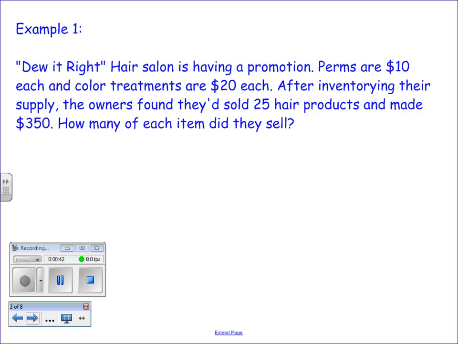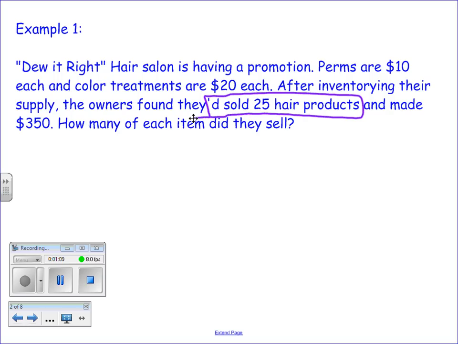We have two things going on in this problem. The first thing is how many items they sold. Well, let's look at the problem. It says, after inventorying their supply, the owners found that they had sold 25 hair products. That's important. What else do you think is going to be important in this problem?